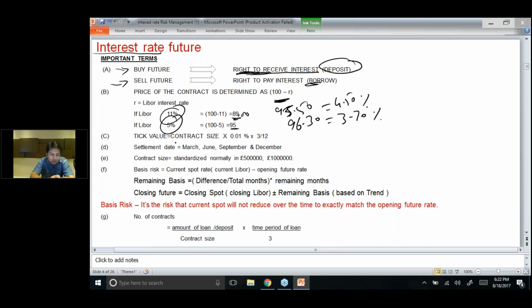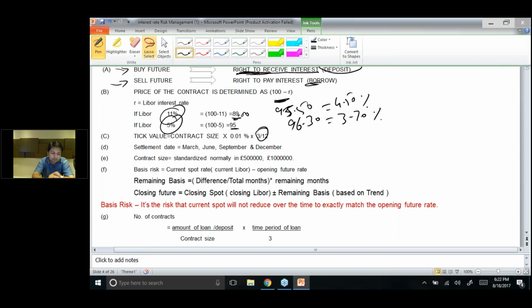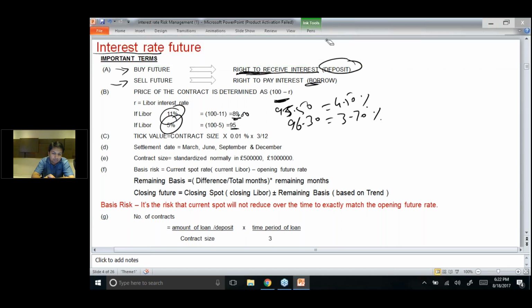Tick value is equal to contract size into 0.01%, the 10,000 part, into 3 by 12. 3 by 12 is a standard term. So let's suppose contract size is 500,000.